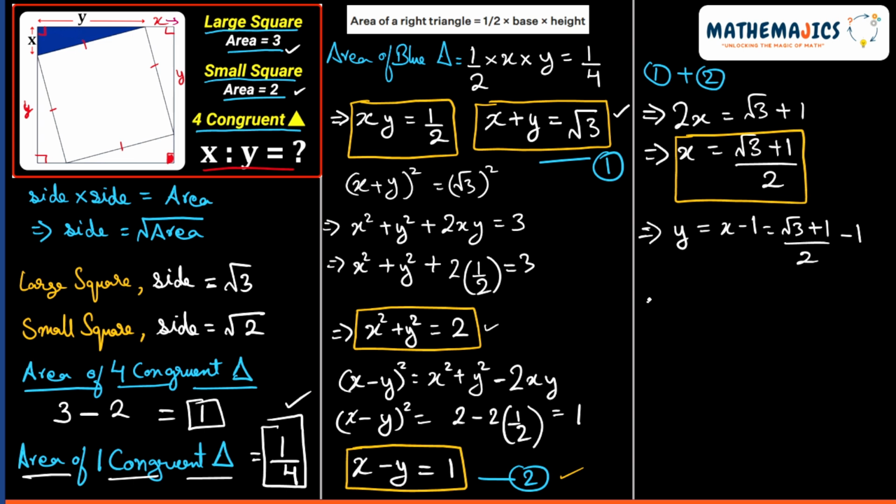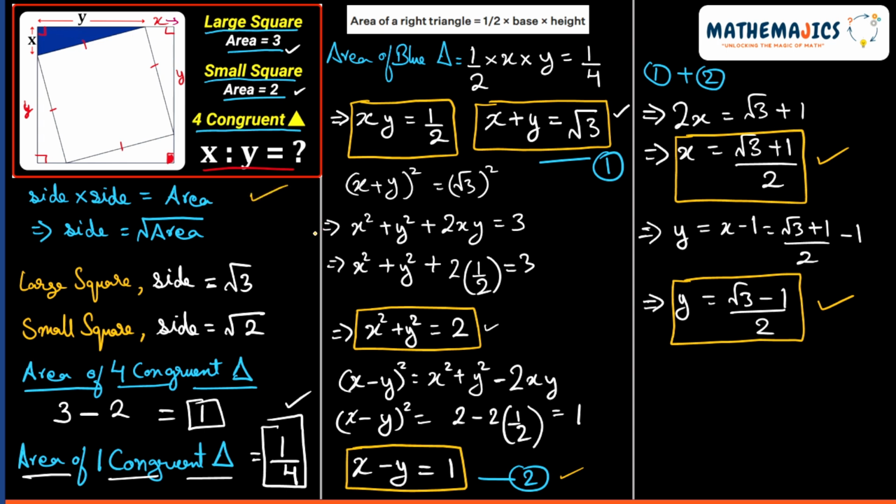From here, we will get the value of y as (√3 − 1)/2. Let's put it in a box. Now we have found out the value of x and y, and we need to find the ratio of x to y. Correct?